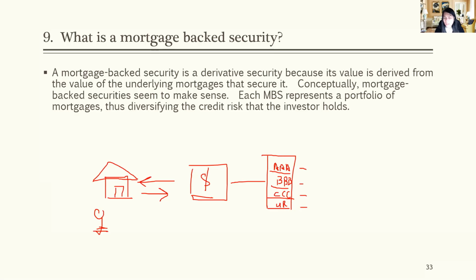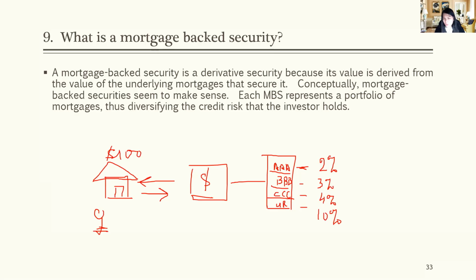Let's say my mortgage is $100 for simplicity. In good times, everyone will get paid, and if you get the top tranche, you get paid the least. Let's say you get paid 2%. The second one is 3%, followed by 4%, and then this very risky one is 10%, right?